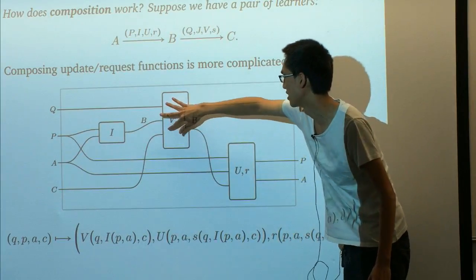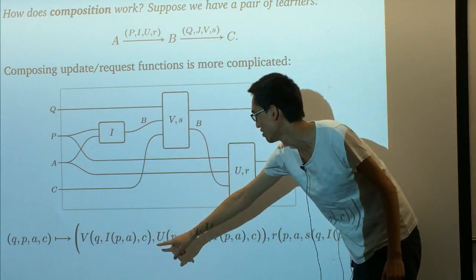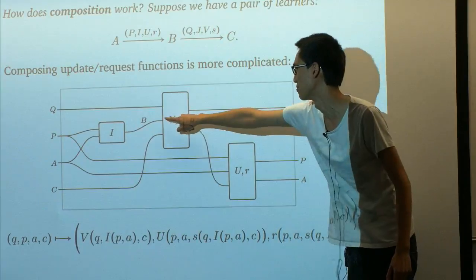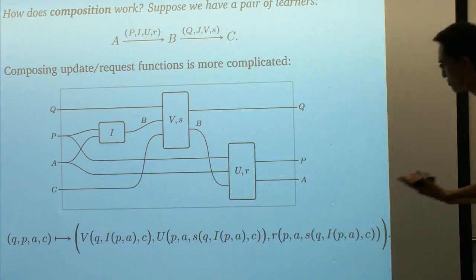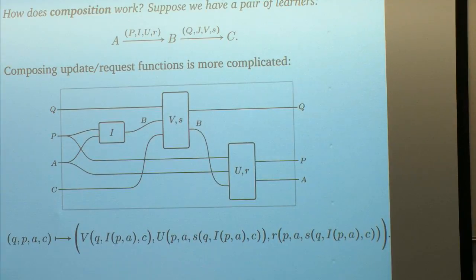That thing is, again, we take that Q and the C from the input, and then we put in this I of, again, PA. So it's hard to read, but if you stare at it long enough, you'll see that it's really the only sensible thing, given this data.